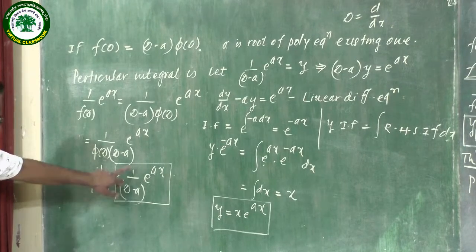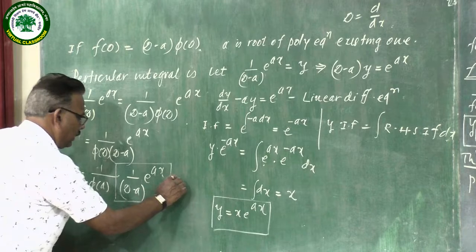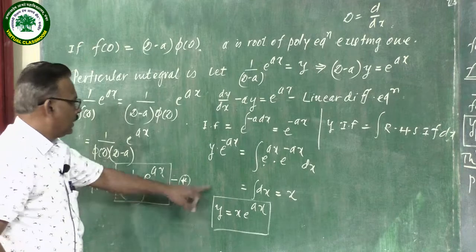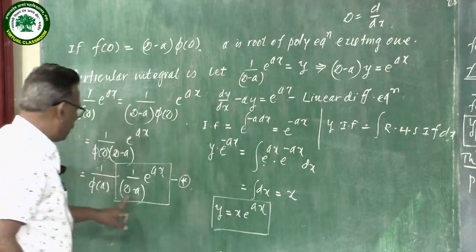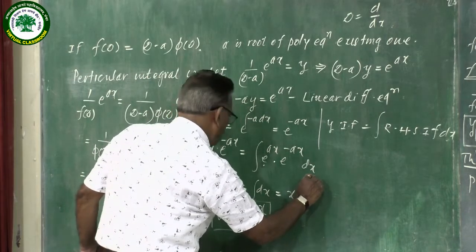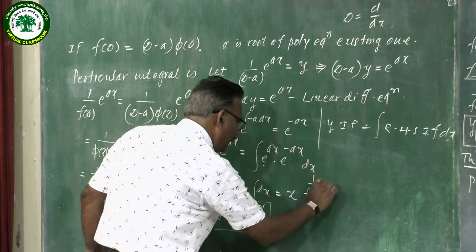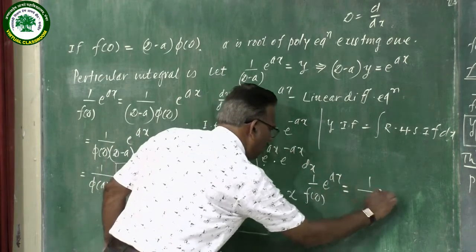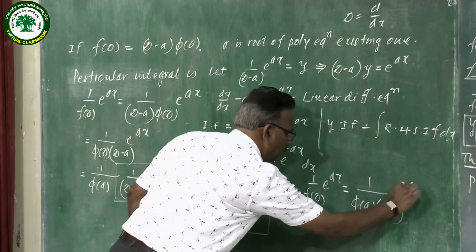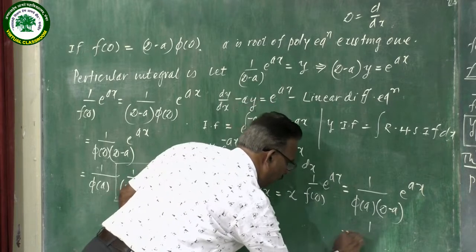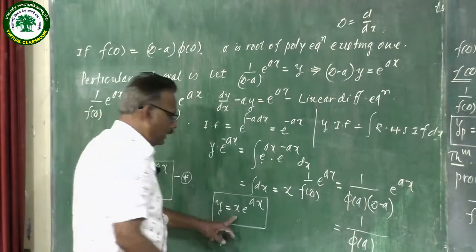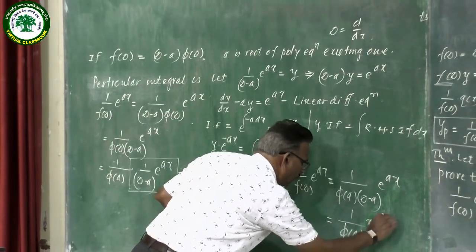Solution of this part, 1/(D − a) e^x. Therefore, putting this value in this y, instead of this part we have replaced it in the star. Therefore, it will be 1/f(D) e^x equals 1/φ(a) into 1/(D − a) e^x, which is equal to 1/φ(a) into this part x e^x.